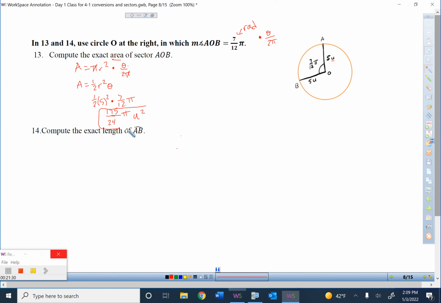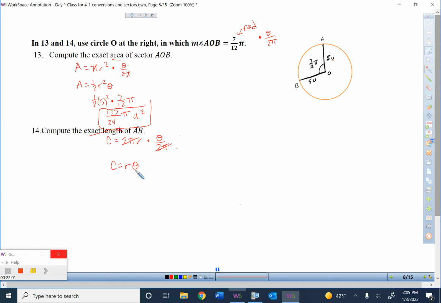Next thing we're going to do is the exact length, and that's dealing with our circumference. Again, we're starting with the formula we know and love, 2 pi r, and then we're multiplying by, again, theta over 2 pi because our angle was in radians. Again, before we put numbers in, we're going to reduce. The 2 pi's cancel, which means our formula is super nice here. Our circumference piece is just r times theta. They're smushed.